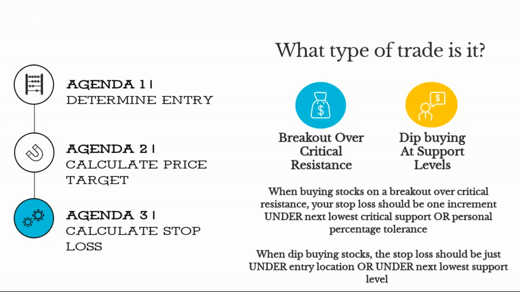So based on your personal tolerance, you still put your stop loss one increment under that natural support level that falls within the threshold of your personal tolerance. The technical support, even though it works out nicely, doesn't have to be within 5% or whatever your risk tolerance is. You can use a natural level of support to base it off of that personal percentage.